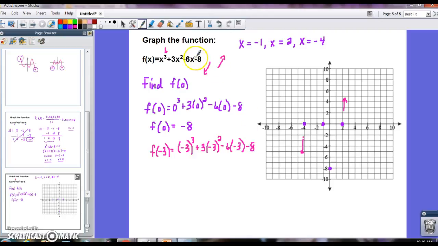In my original function, I just substituted in negative 3 for x. I put it in parentheses, and then you can put this entire statement in your graphing calculator all in one shot and have the calculator do it for you. It comes out to be 10. So when x is negative 3, I'm way up here at 10.